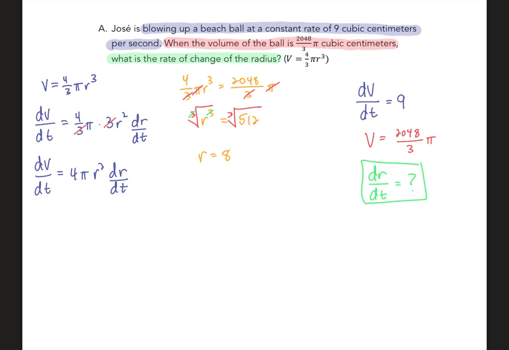So we'll come back here and substitute. dV/dt is 9, so we can rewrite that as 9 equals 4 pi, and then we just found that r is 8, so we substitute that, squared.